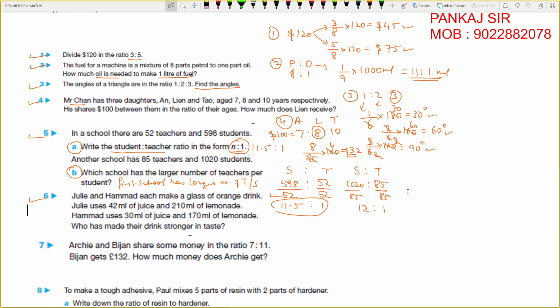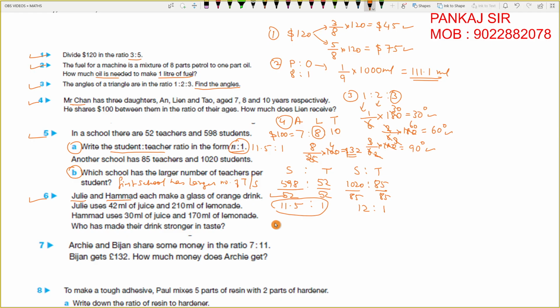Question number 6 says that there are two people, Julie and Hammett. Okay, they each make a glass of orange drink, and Julie uses 42 ml of juice and 210 ml of lemonade, and Hammett uses 30 ml of juice and 170 ml of lemonade. Who has made that drink stronger in taste? Now, this is a very logical question. It's an orange juice drink that both of them are making.